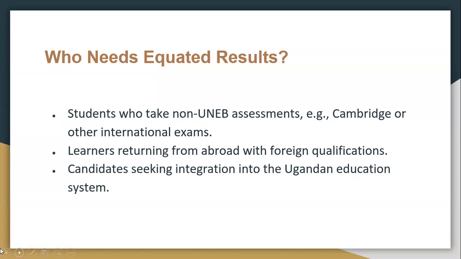So when UNEB equates, take an example, in case a child had an A, because Cambridge uses the letter system, then you know that an A is equivalent to maybe a D1. In case a child had this, then it is equivalent to this, such that you know how many aggregates this child has scored in case of P7, such that you can continue with that child for other academic programs or things that may require the results.